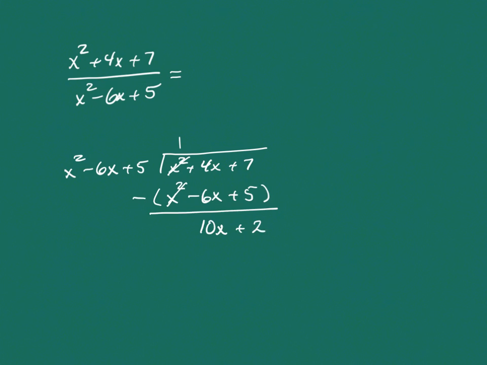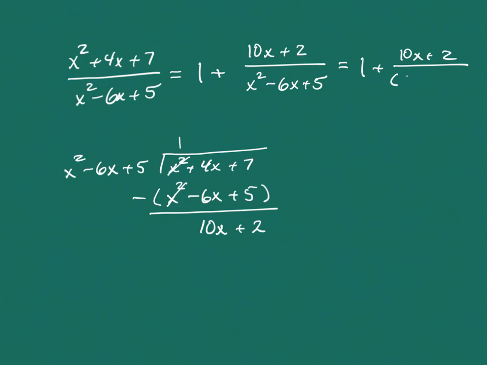And so what happens now is similar to my improper fractions. I have a whole polynomial of 1 plus my remainder, 10x plus 2, divided by x squared minus 6x plus 5. So for this one, we're just separating it out. But we can actually go further than that because the denominator will factor. If I look at how that factors, I really have x minus 5, x minus 1.